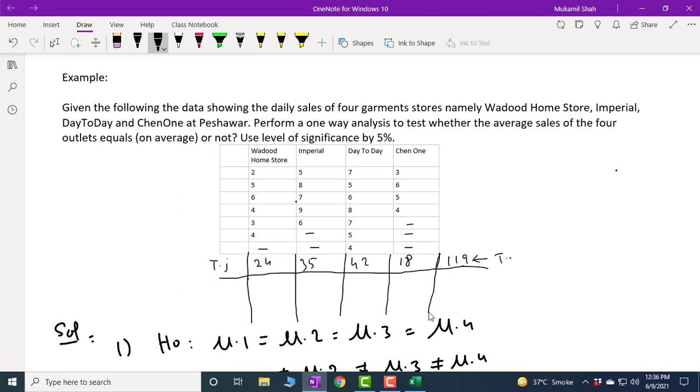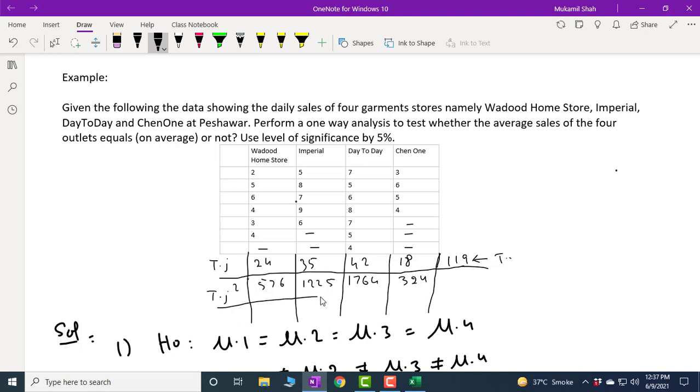Now the question is, how can we square it? T dot j square. The square of 24 is equal to 576. The square of 35 is equal to 1225. The square of 42 is 1764, and the square of 18 is equal to 324.